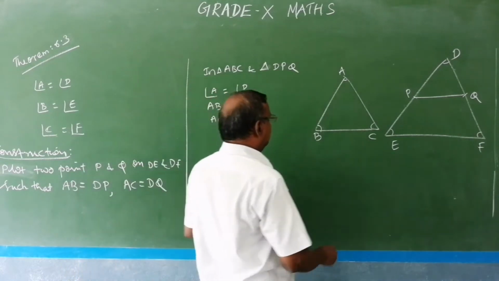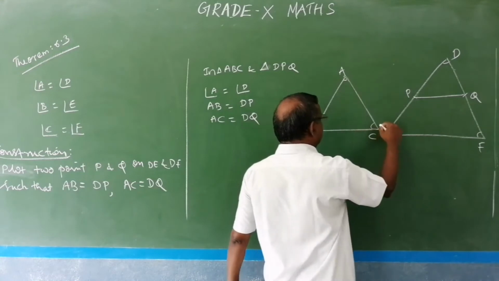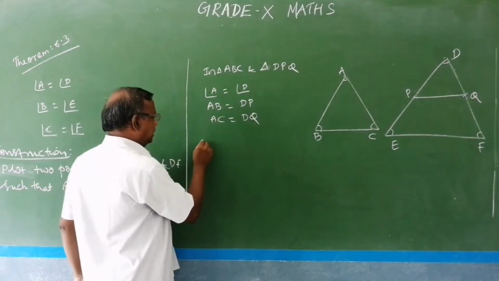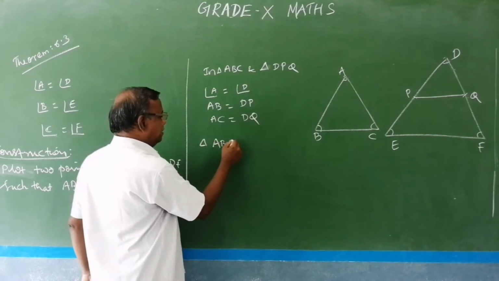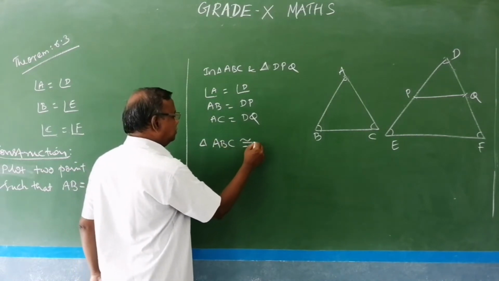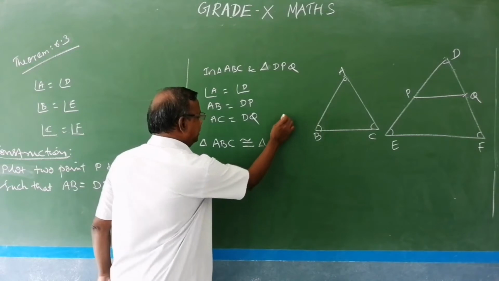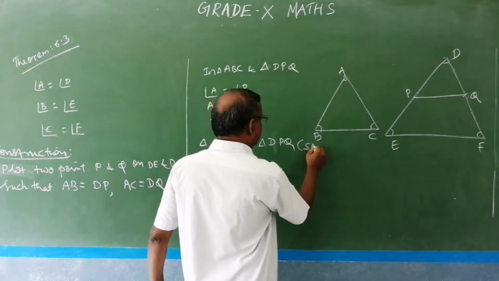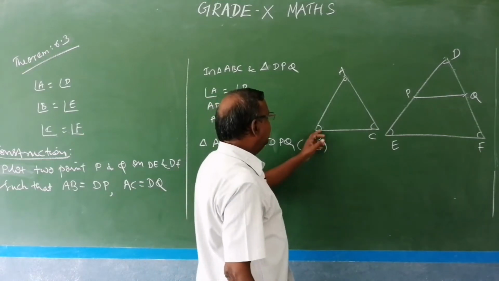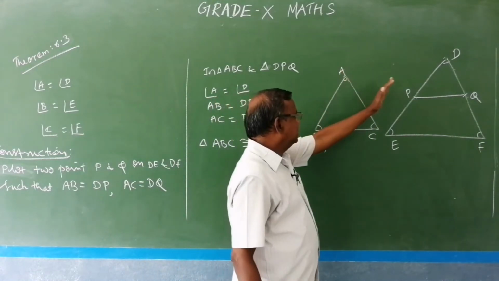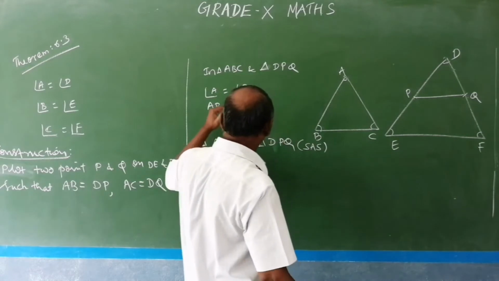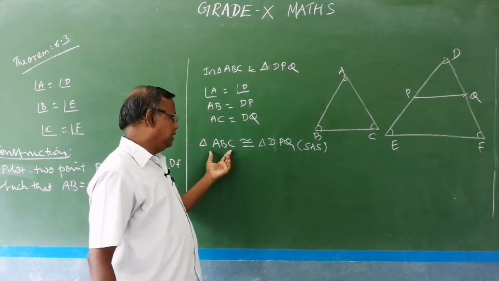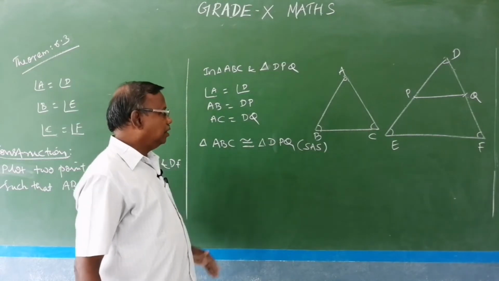So by SAS congruency, triangle ABC is congruent to triangle DPQ. By SAS, side angle side, two sides and the included angle are equal. Therefore by SAS congruency these two triangles ABC and DPQ are congruent.